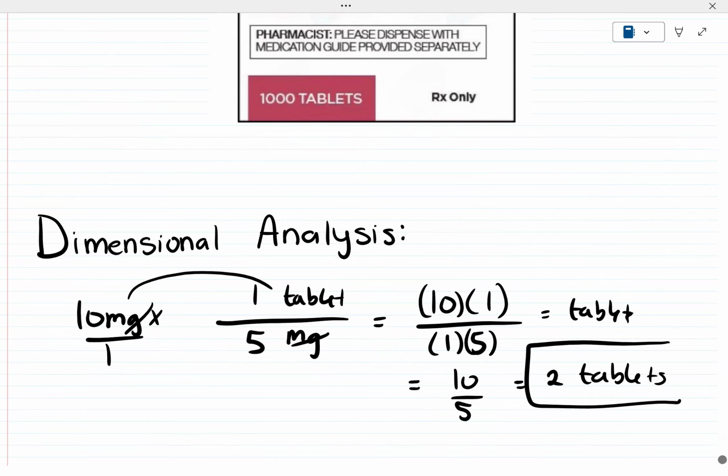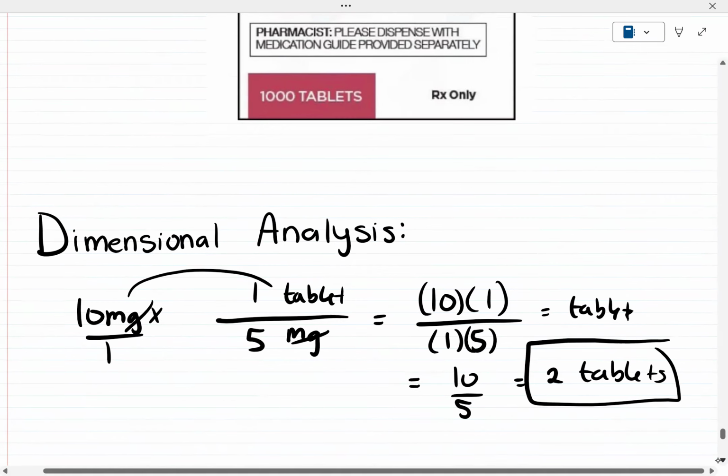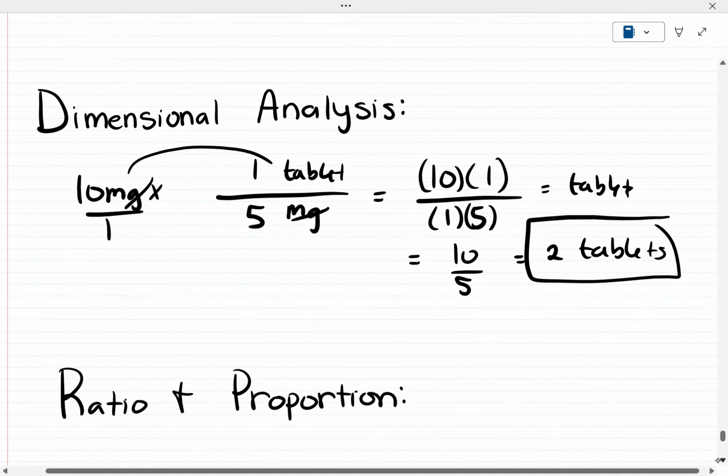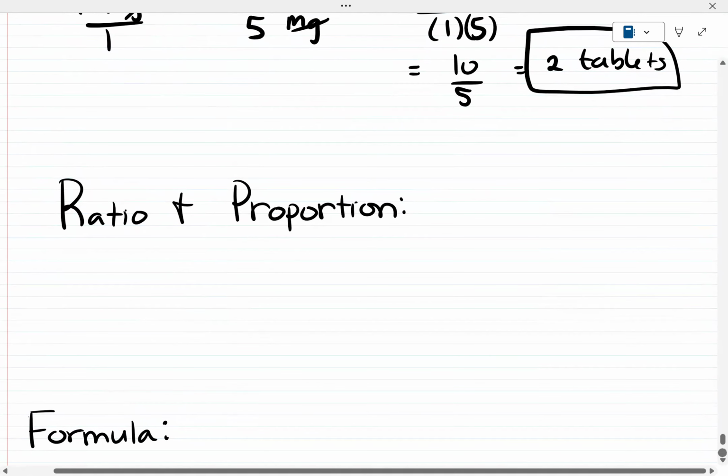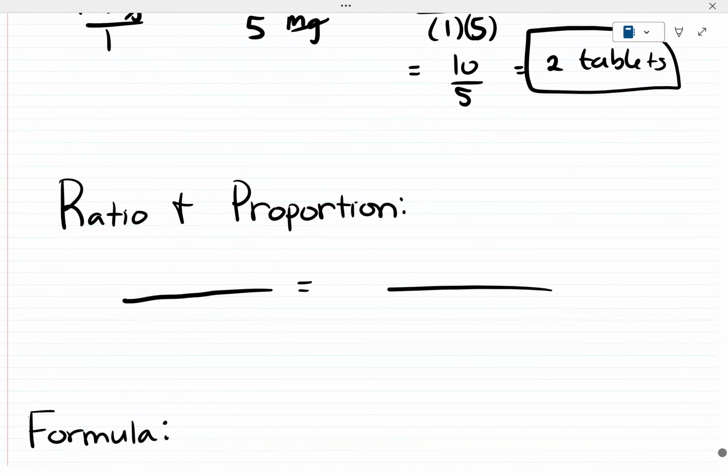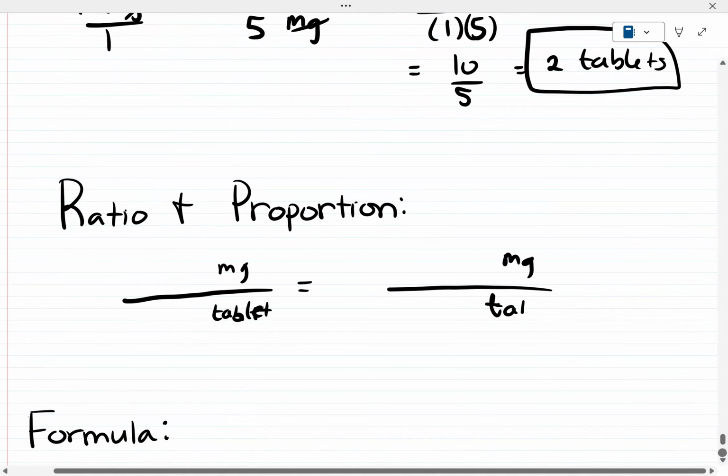Okay, let's do ratio and proportion. We can set it up like this. We can put mg here, tablets on the bottom, mg here, tablets on the bottom.